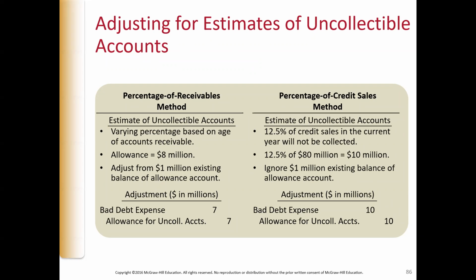All we're going to do when we do an adjustment is do the 12.5% of 80 million, which gives us 10 million. Remember, when we're dealing with the receivables method, we care about the credit or the debit in the allowance for uncollectible accounts. Okay?